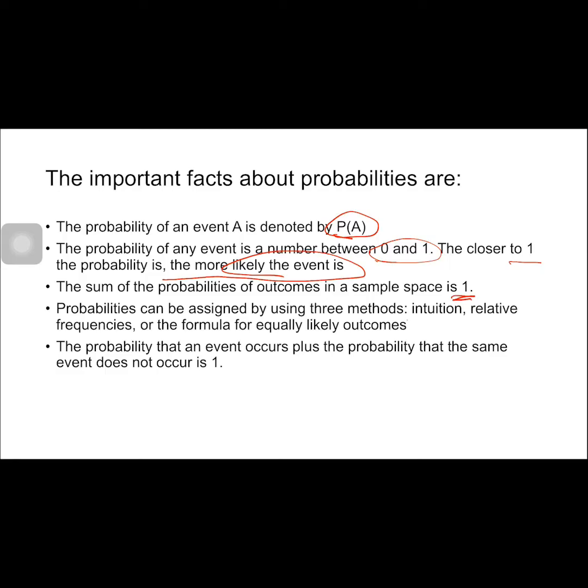Probabilities can be assigned by using 3 methods: simple intuition, relative frequencies, that is F over N, and a formula for equally likely outcomes, where the probability of an event is equal to the number of outcomes favorable to that event divided by the total number of outcomes. And the probability that an event occurs plus the probability that the same event does not occur is equal to 1.